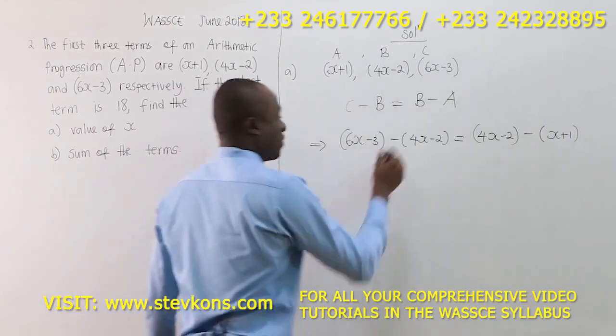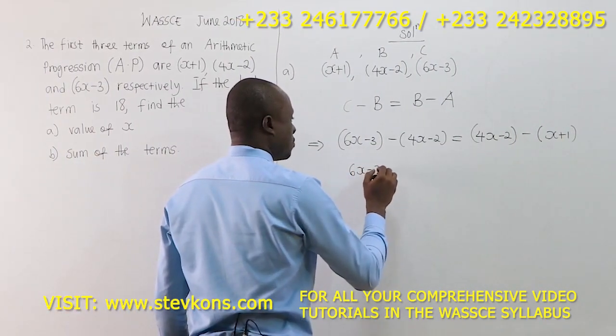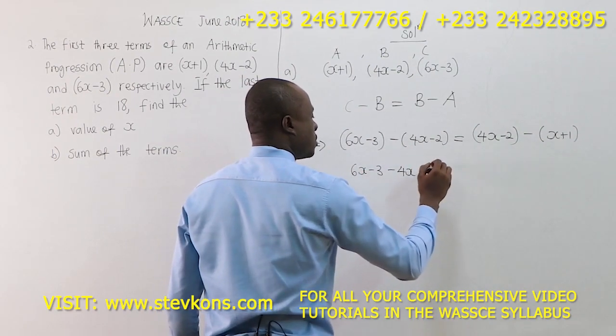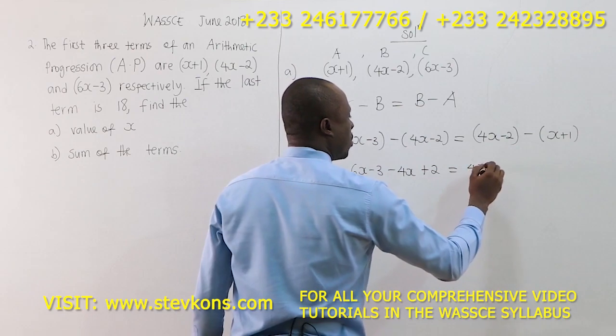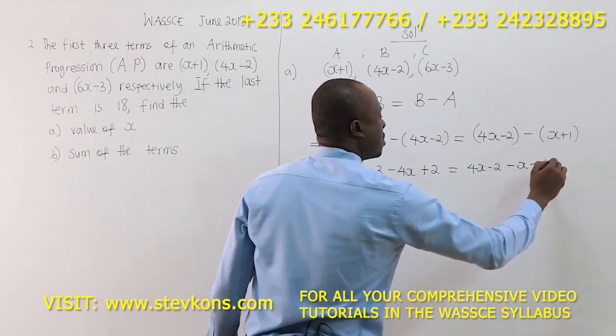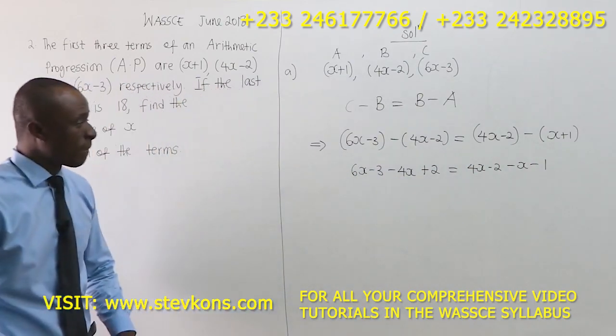Now this negative is affecting everything, so we have 6x minus 3 minus 4x, negative and negative, that's positive 2, equal to 4x minus 2, this time this negative x, this time this negative 1.